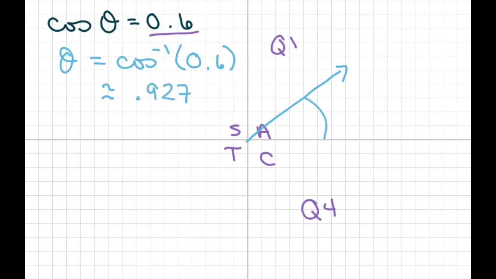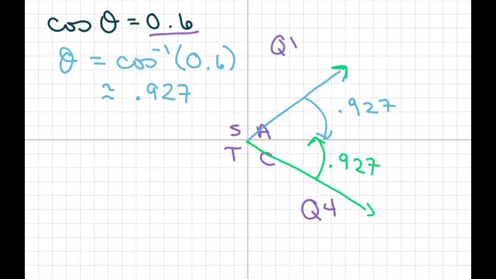So this angle here is approximately 0.927. Now, since this is our reference angle in quadrant 1, my other acute angle would be here. So this length would be 0.927 as well. But that's not the part we want.